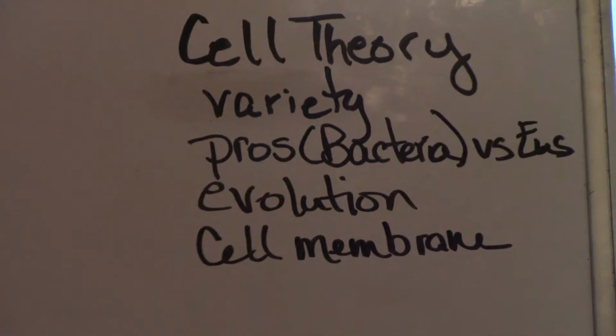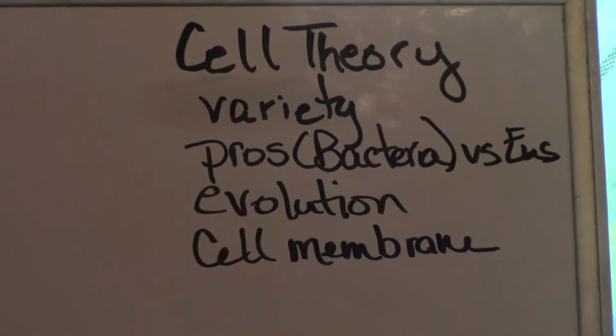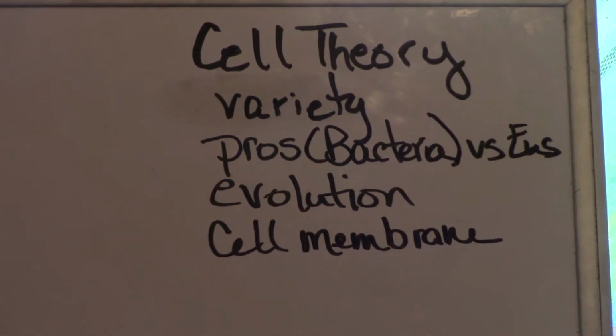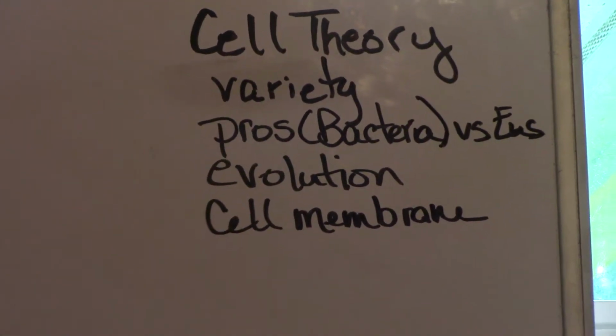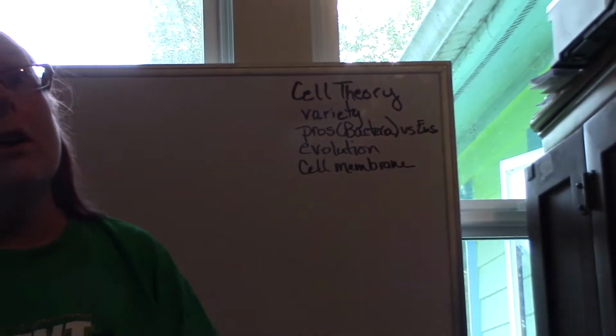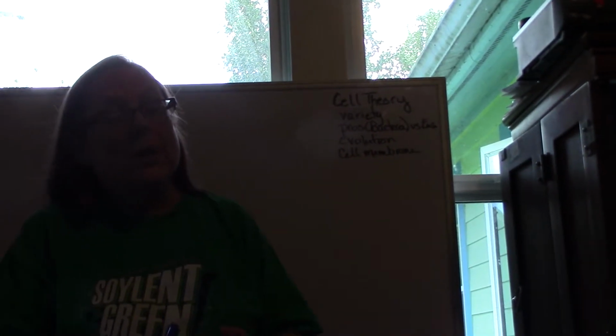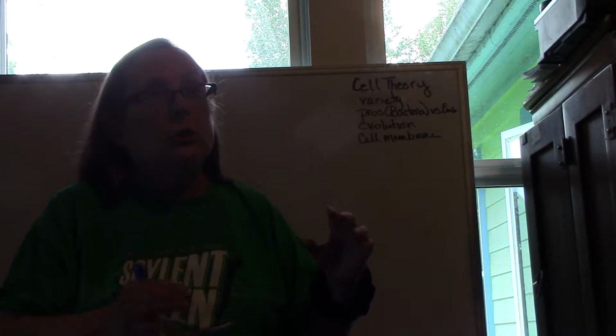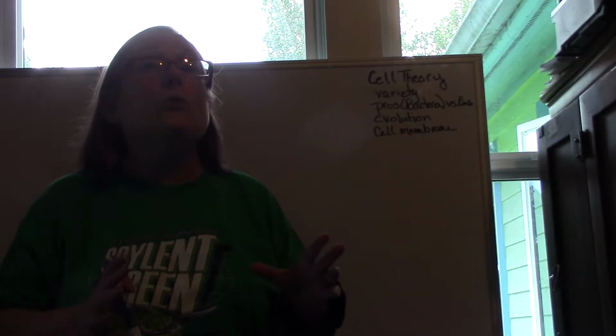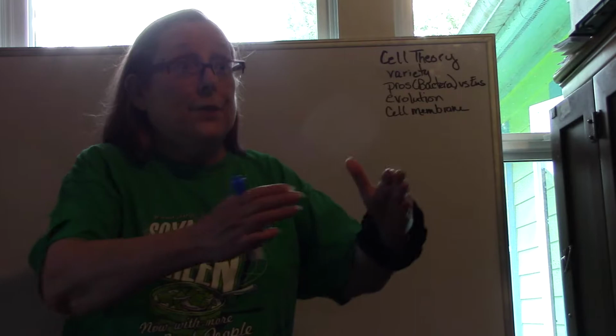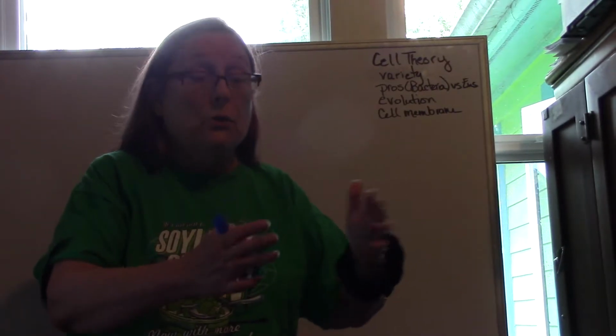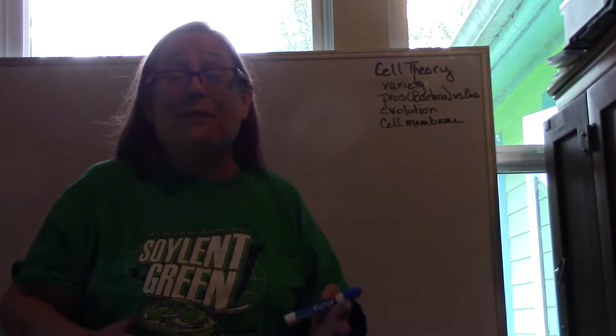That means they lack membrane-bound organelles. However, they are different from each other. In fact, those 2 prokaryotes are so different from each other that there are 2 domains for them. That's how different they are.